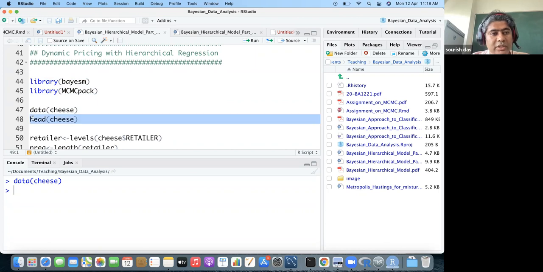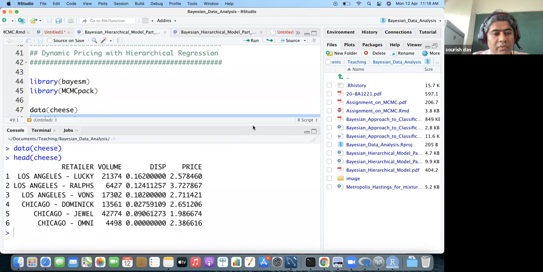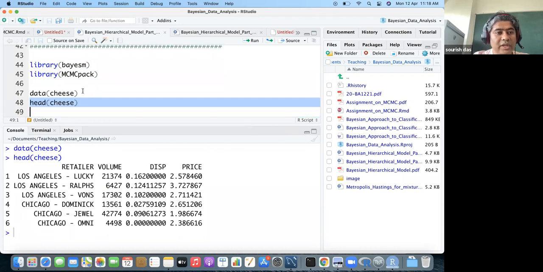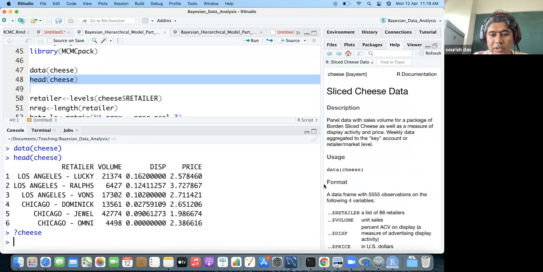And the cheese dataset has four variables. One is the retailer, another is the volume, then display activity is the third column, how much display activity is being done, and the price per unit. So if you do question mark cheese, here it is given.